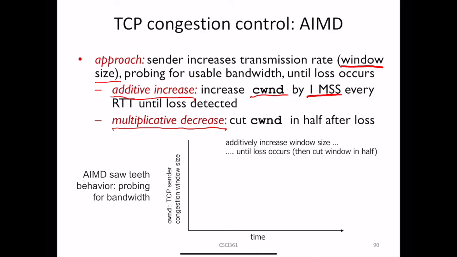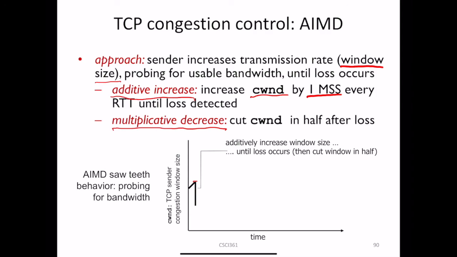And then let's see the behavior of AIMD. At the very beginning, it will increase linearly until a packet loss is detected. Then it will cut the window size by half.